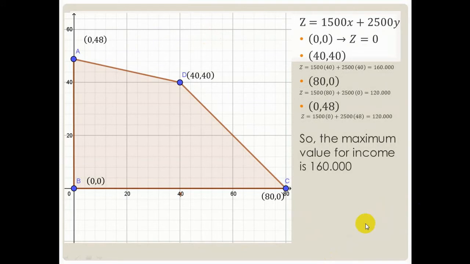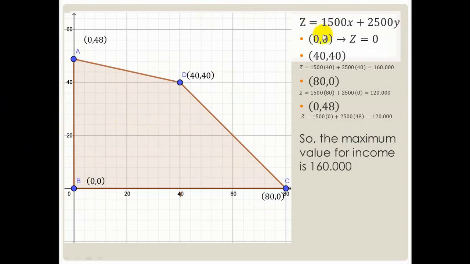When I make a graph, you need to find the points and draw the feasible region, and then you get 4 points, right? So you have A, B, C, and D. From here, you need to substitute each point into the objective function.